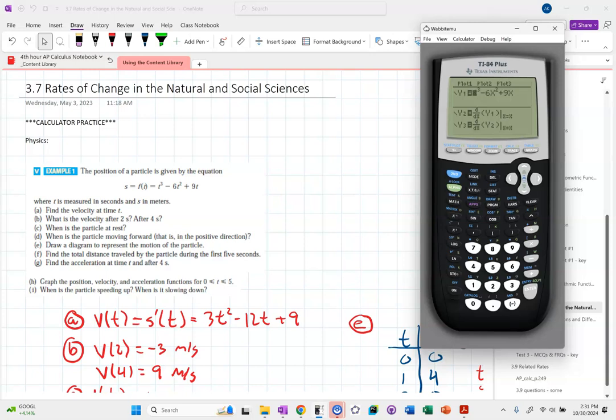Because if the velocity is negative, but the acceleration is negative, technically you are speeding up, right? Because you're going faster in that negative direction. If you have a mismatch, you're slowing down. So if your velocity and acceleration signs match, you're speeding up. If they mismatch, you're slowing down.